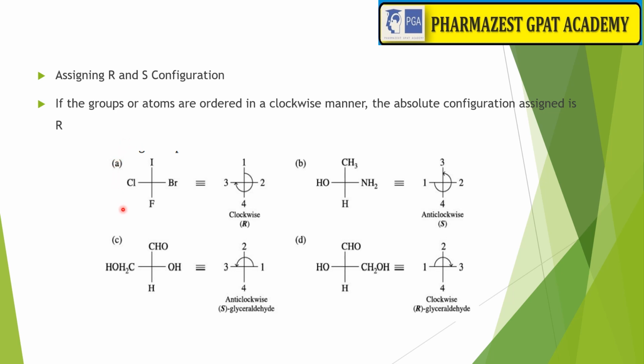First of all, a compound is written in the Fischer projection. Here, see, for example, this compound where a carbon is attached to 4 different groups, which are halogens. So first of all, we have to write the molecule in the Fischer projection.